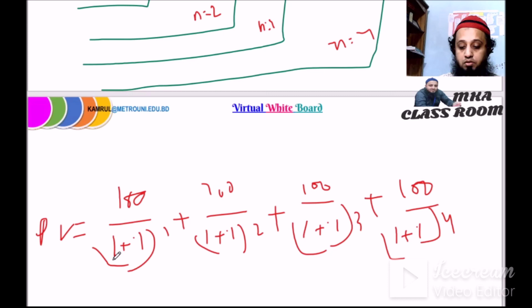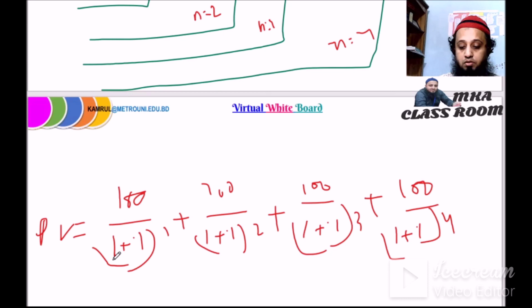So, we will see the present value of annuity due. Annuity due payment starts at time 0.